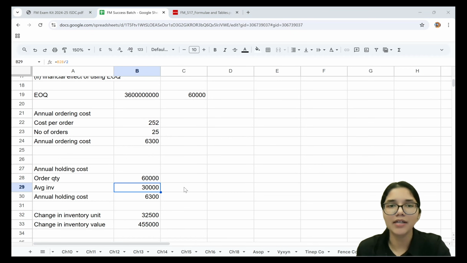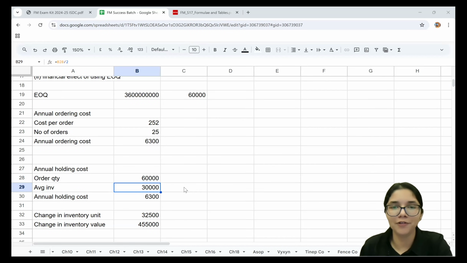It has fallen. So if I now have a lesser amount of inventory on average, will I be borrowing more money from overdraft or less? Lesser. So if I borrow less, what do I have to reduce now?